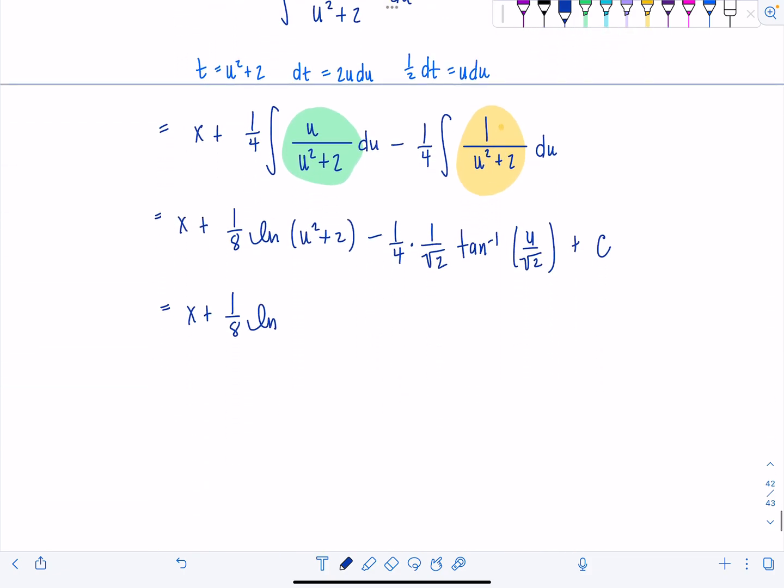So it's just the original denominator, 4x squared minus 4x plus 3. Minus 1 over 4 rad 2 tan inverse of (2x minus 1) over rad 2 plus c.